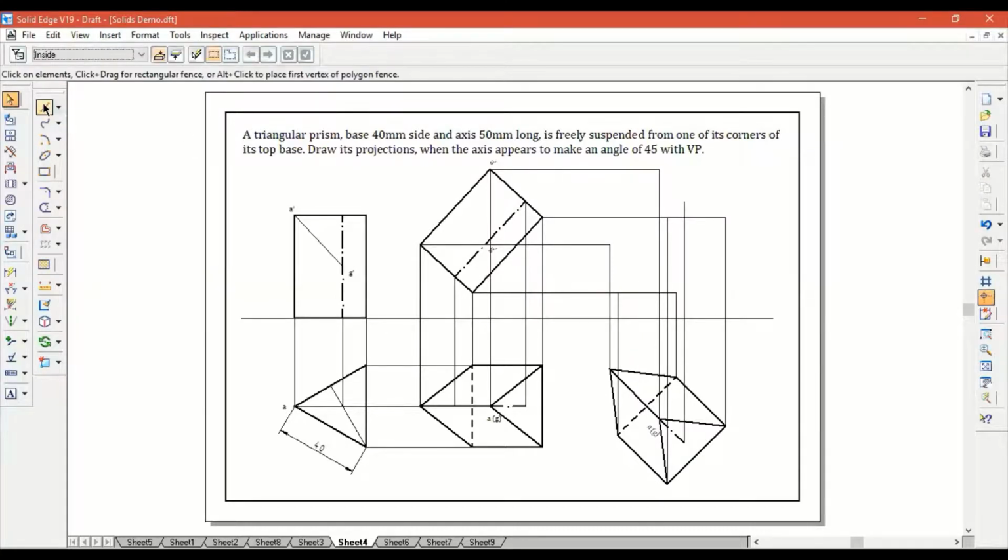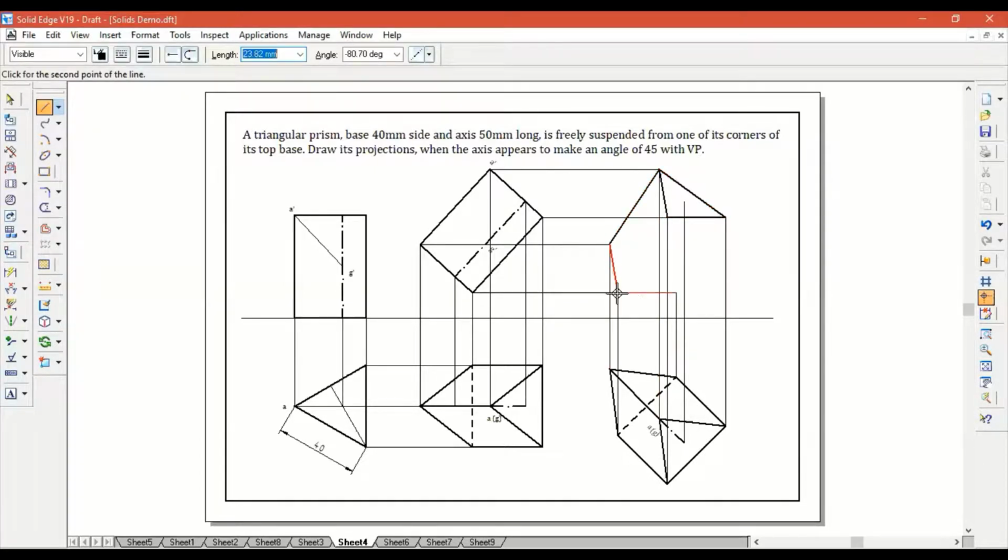All I've got to do now is mark the visible base, which is up here, like so. Then the boundaries, like so, and then the longer edges. That basically completes your sketch.